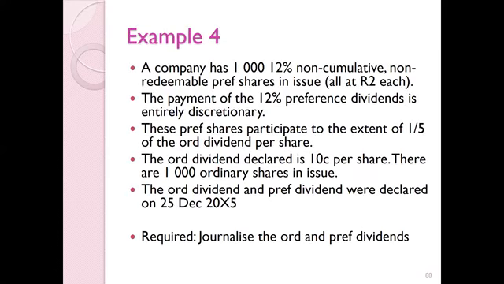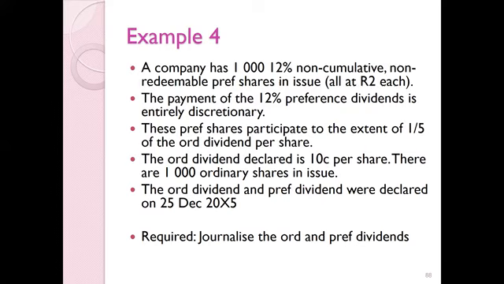We're now going to apply this information we've just learned in terms of example 4 of the Gripping GAAP textbook. This example says to us that a company has 1,012% non-cumulative, non-redeemable preference shares in issue, all at R2 each. The payment of the 12% preference dividends is entirely discretionary.